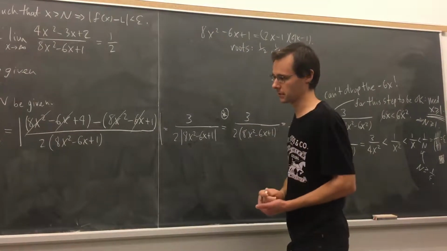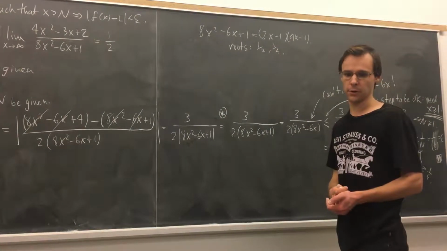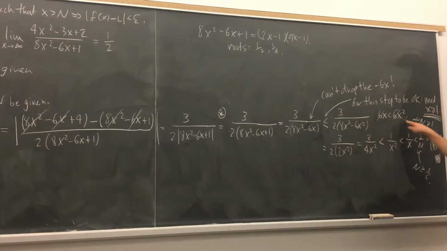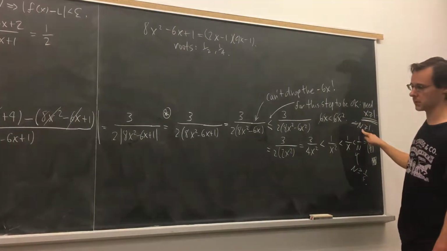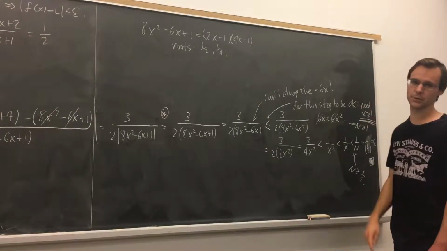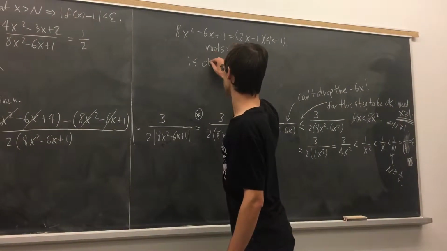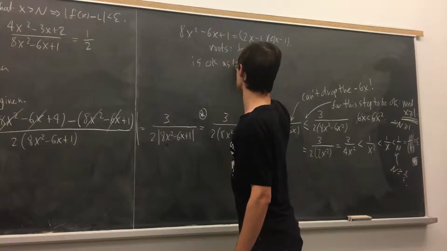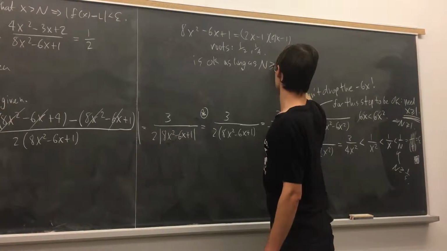It's always greater than or equal to 0, okay? In particular, when x is greater than 1, we're okay. And x is greater than 1. We're going to choose n greater than or equal to 1 to make x greater than or equal to 1. Okay, so this step is okay as long as n is greater than or equal to 1.